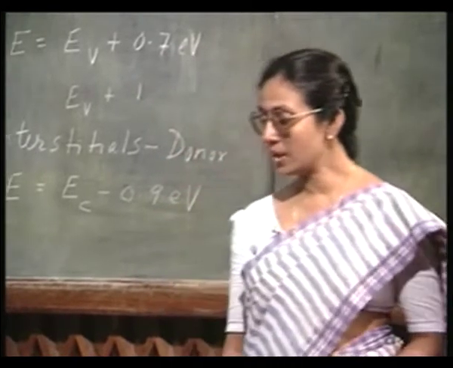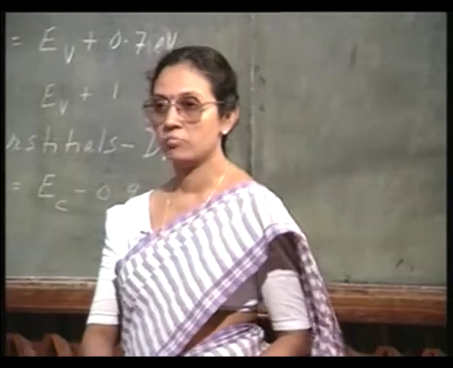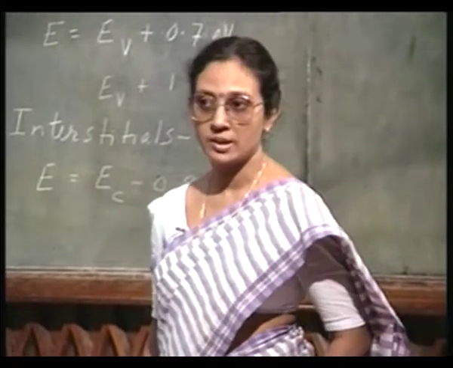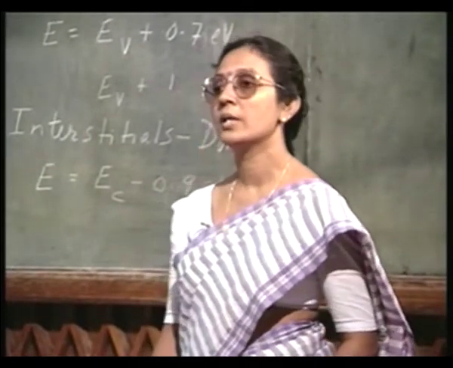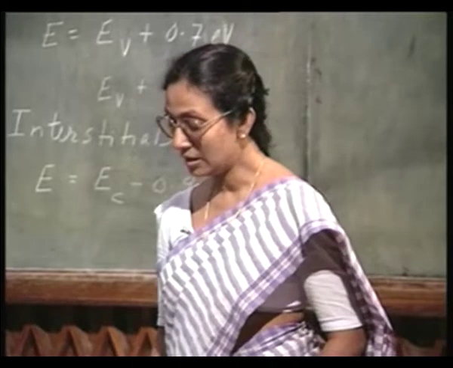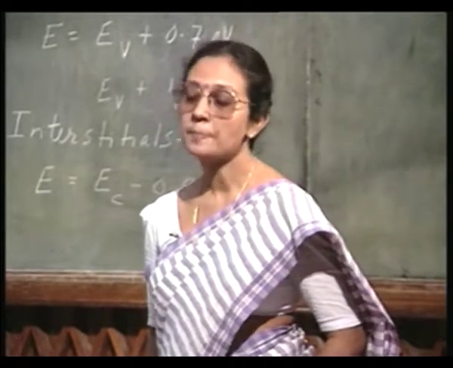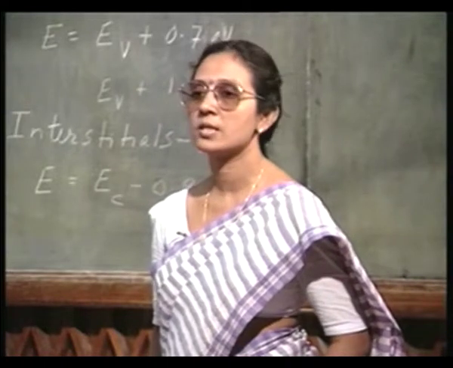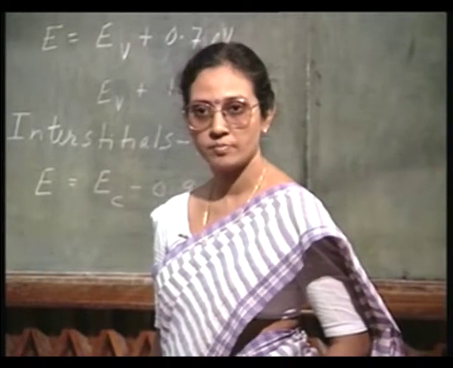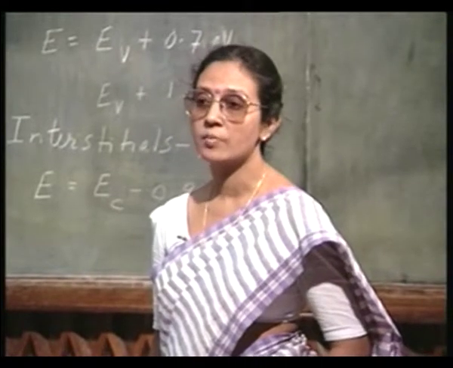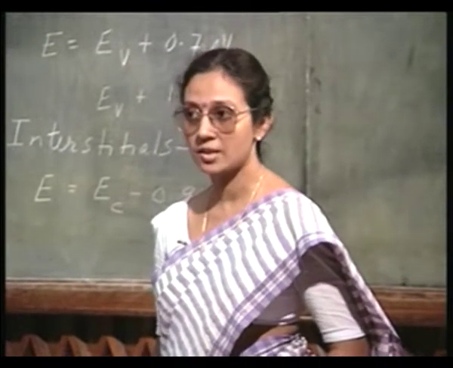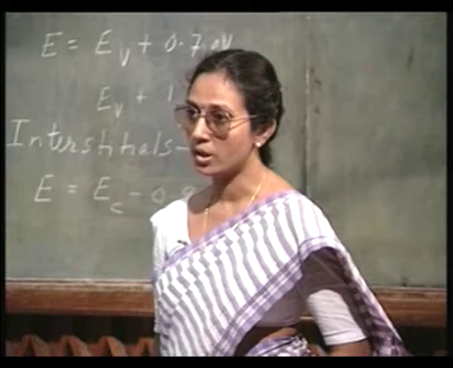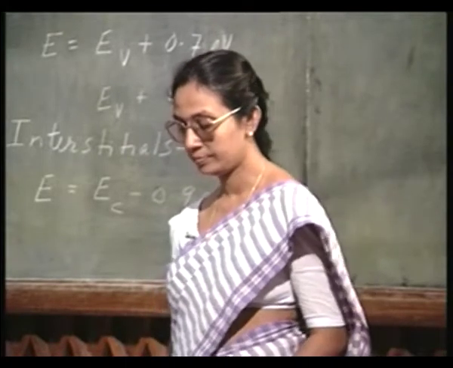The other possibility is after the crystal growth itself, during processing, when the material is subjected to a lot of thermal stress. See, in semiconductor processing, most of the processing steps need very high temperature. So, dislocations can form then also.